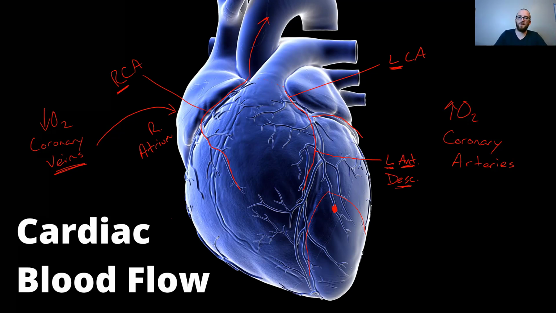So that's how the heart perfuses itself, or how the body perfuses the heart. As soon as that blood leaves the left ventricle and goes into the aorta, it branches off right at the base of the aorta. Some of that blood redirects back to the heart. The rest of it continues out the aorta, and that's where it branches to the arms and up the carotids, right? So we have those branches off the top of the aortic arch.